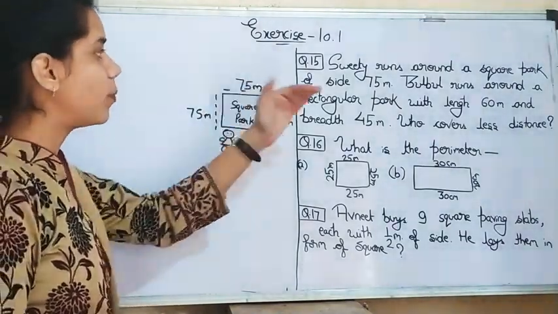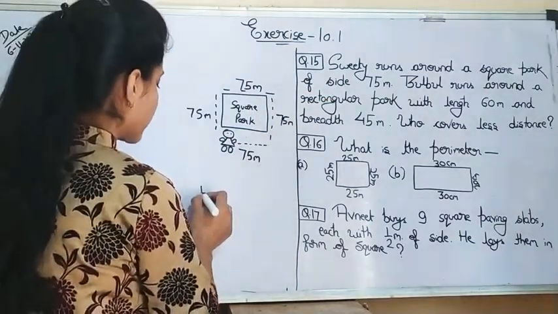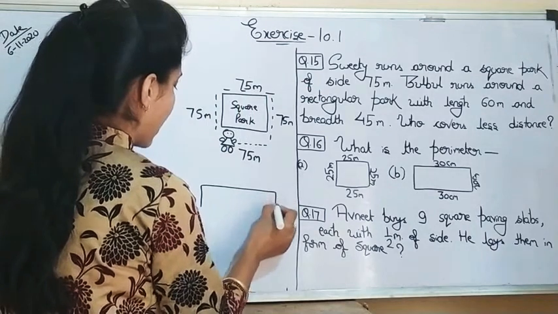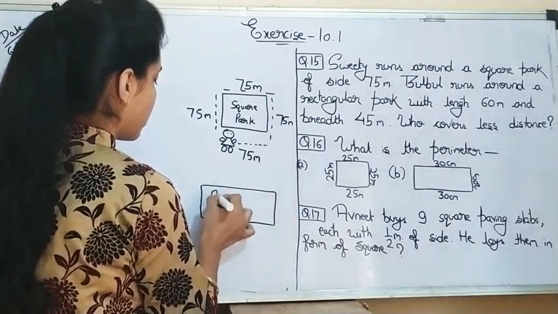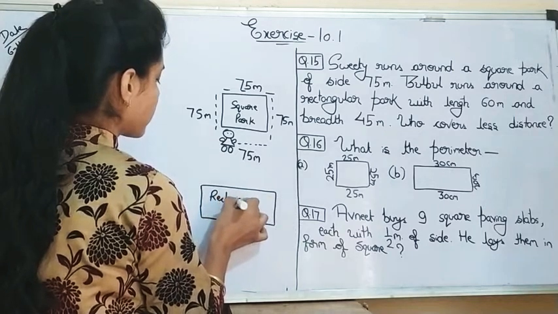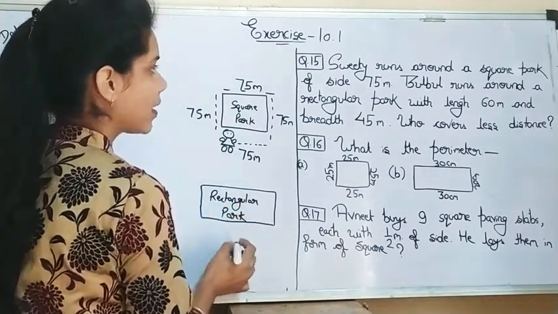Now, Bulbul runs around a rectangular park. So she is Bulbul and she runs across this rectangular park, whose dimensions are given to us.